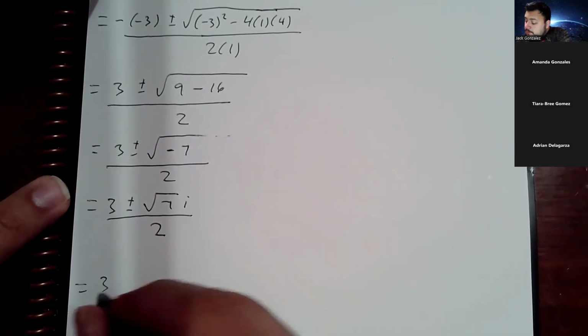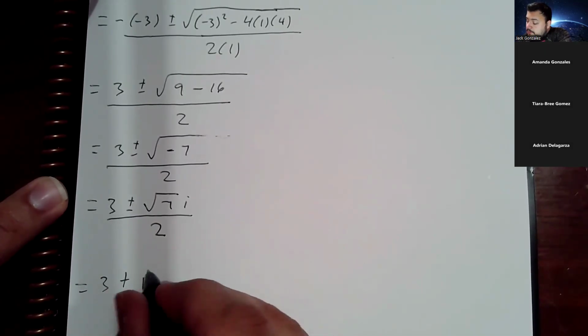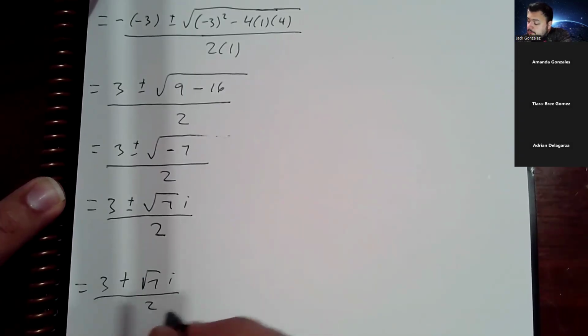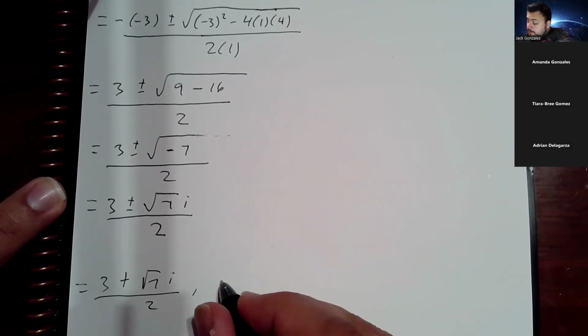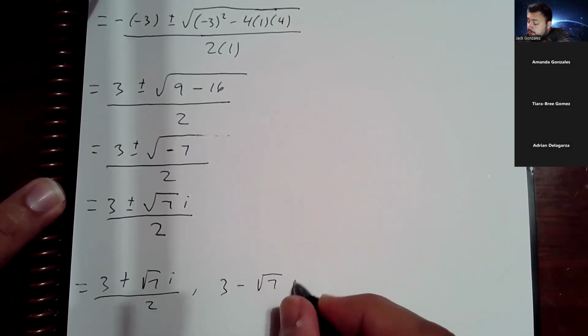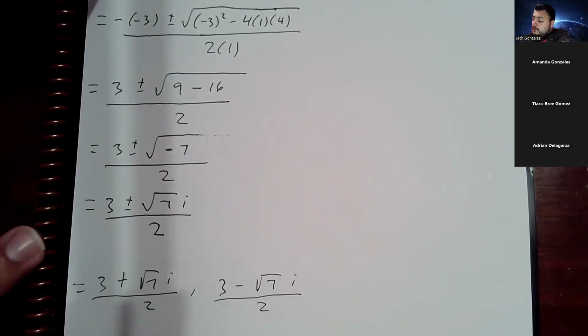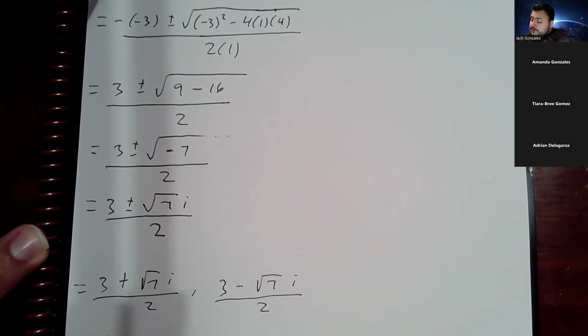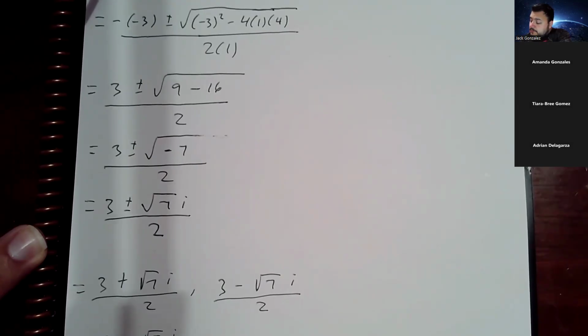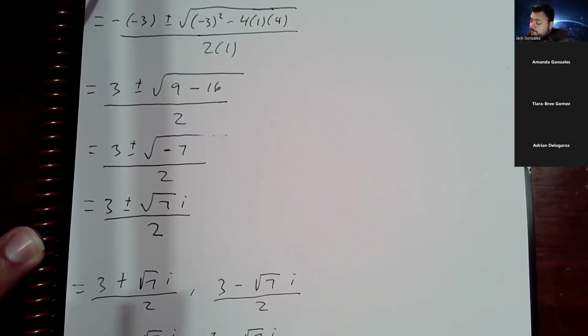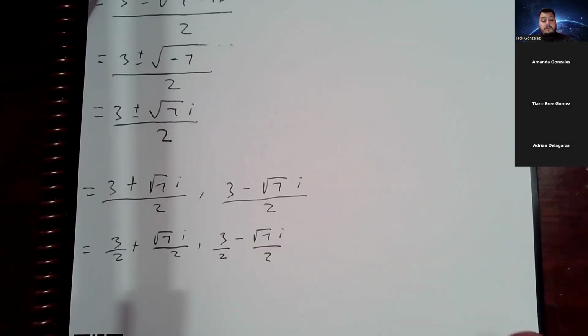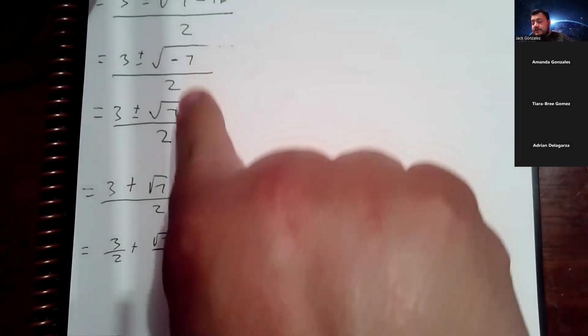It's the same as 3 plus square root 7i over 2 and 3 minus square root 7i over 2. They could also write it this way, 3 halves plus root 7i over 2, 3 minus root 7i, both over 2. There. Yeah, it should have an i, the complex. Yeah, the root negative 7 makes the i come out.